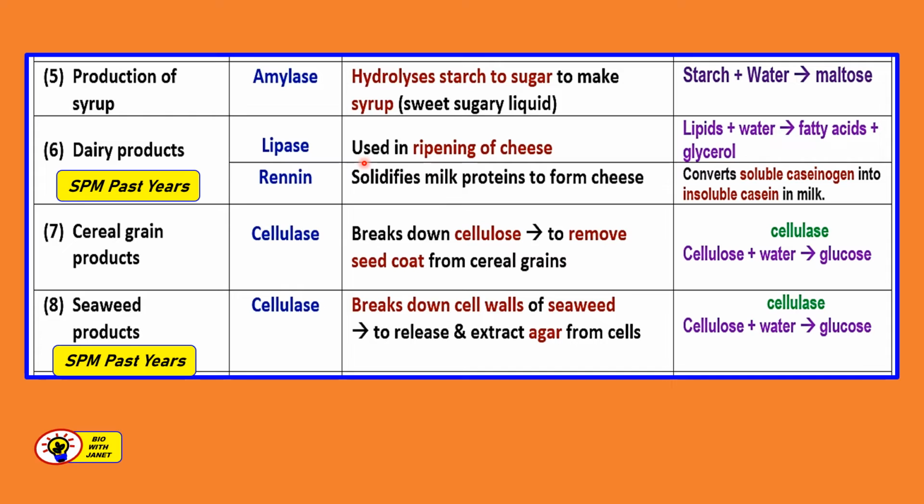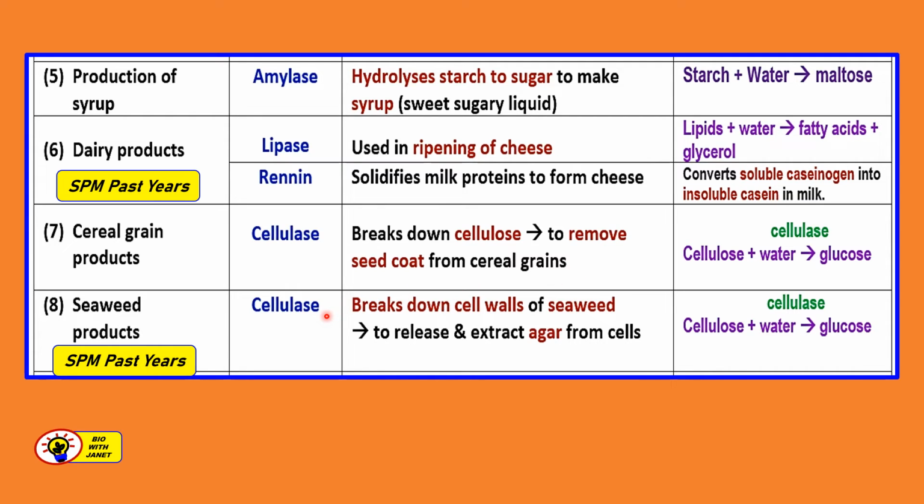Now, the enzyme lipase is used in the ripening of cheese, and the enzyme rennin solidifies milk proteins to form cheese. Next, cellulase breaks down cellulose to remove the seed coat from cereal grains in the production of cereals. So this is to produce the cereals, which some people like to eat in the morning.